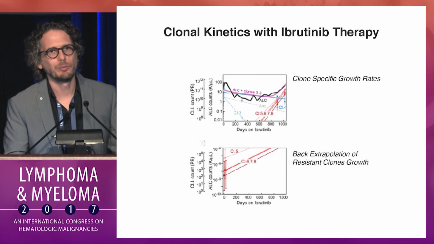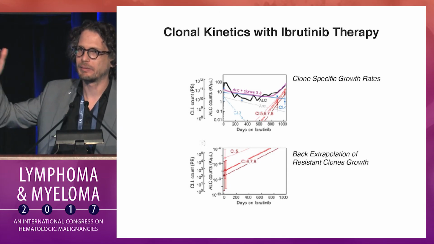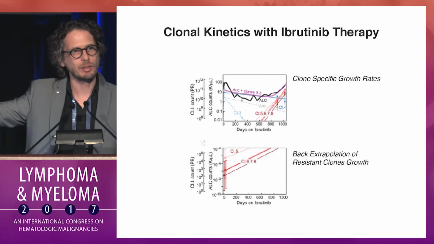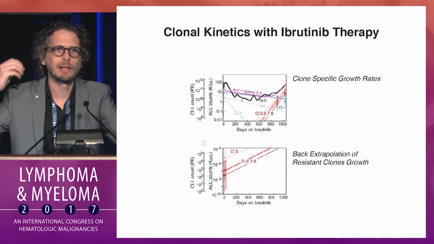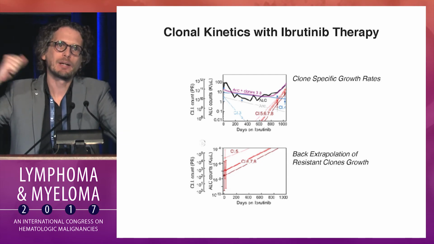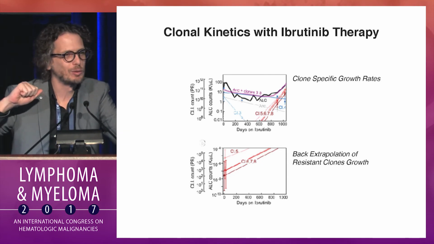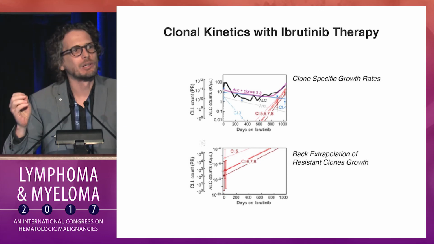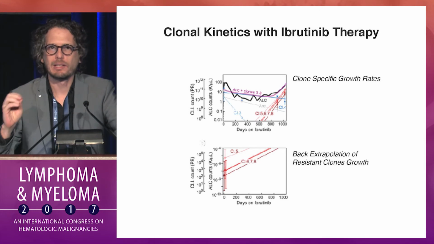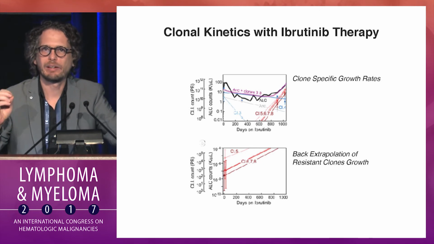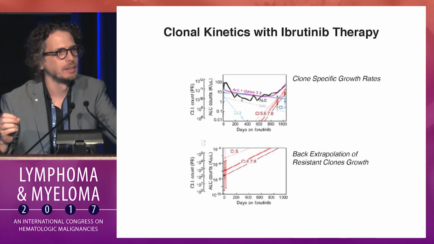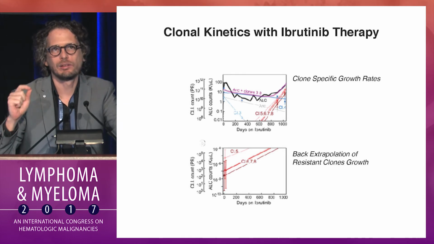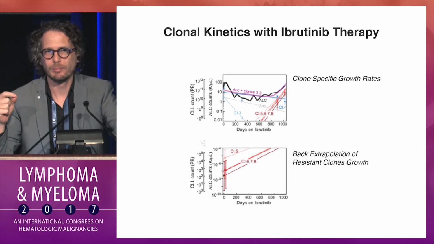I described before that we can forward extrapolate mathematically to make predictions about the future. But we can apply the same principle and backward extrapolate over time to ask what was the number of resistant CLL cells, or CLL cells bearing the resistant variant, on the day the patient took the first dose of the drug.